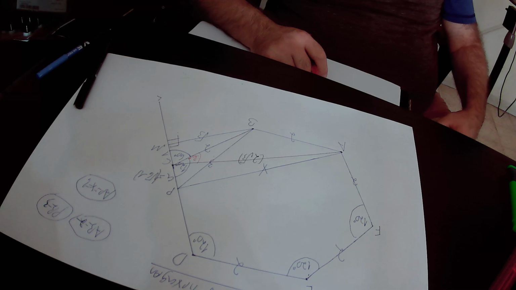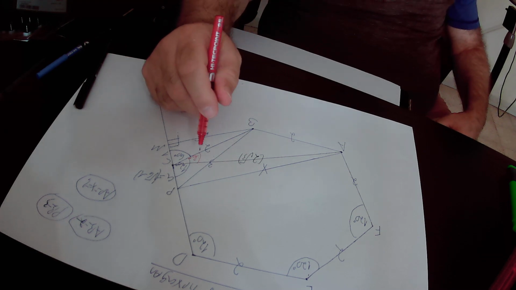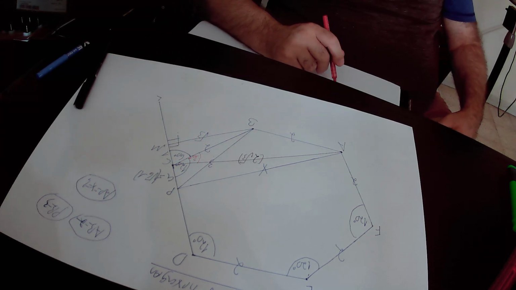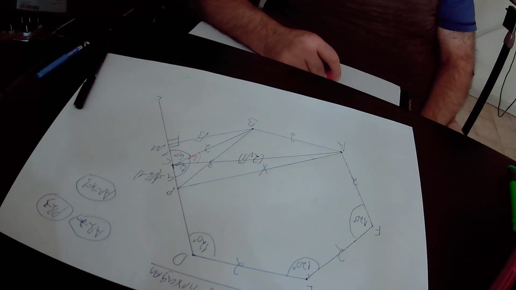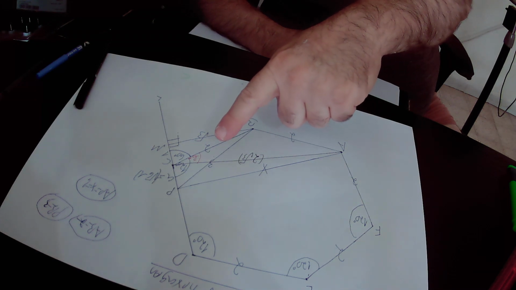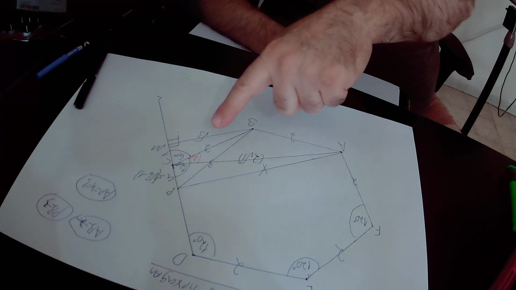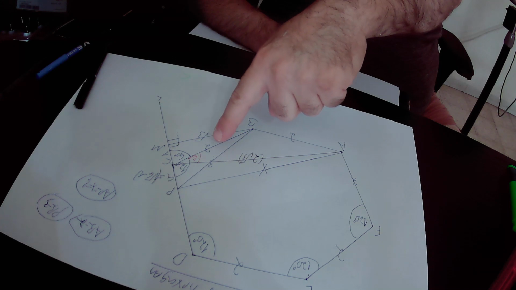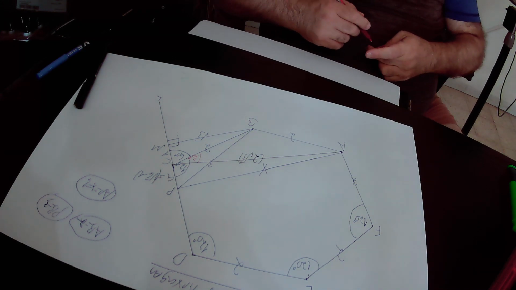So what is the size of angle ACP? The size of this angle will be equal to the size of the big angle, that is actually angle PCB, equal to 120 degrees, minus the size of the small angle ACB, which is equal to 30 degrees. So I write it down.